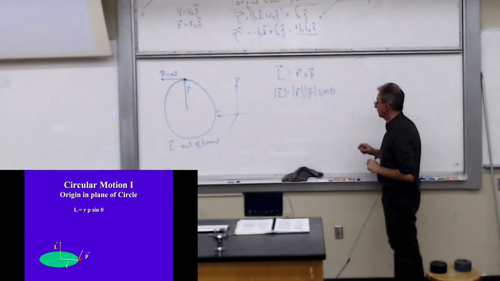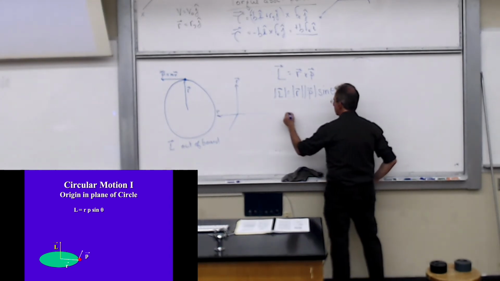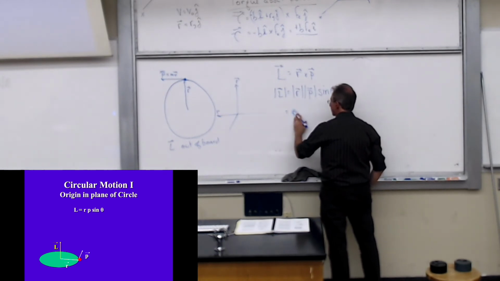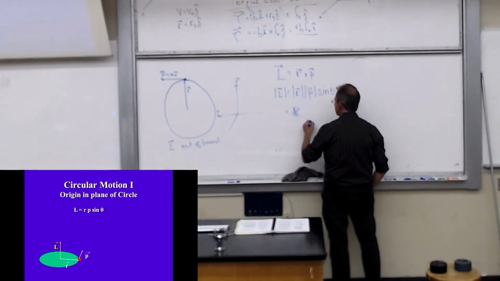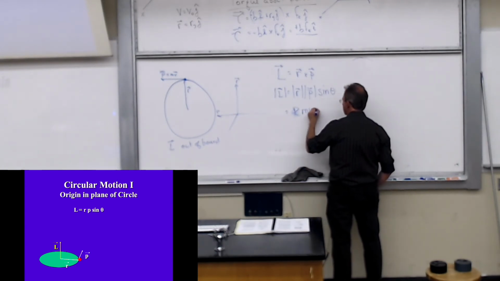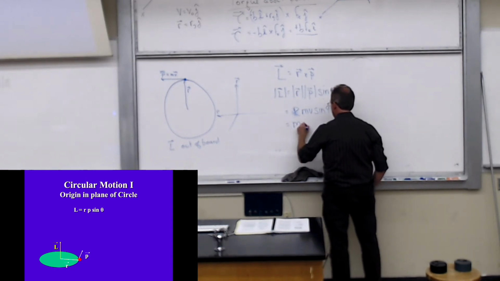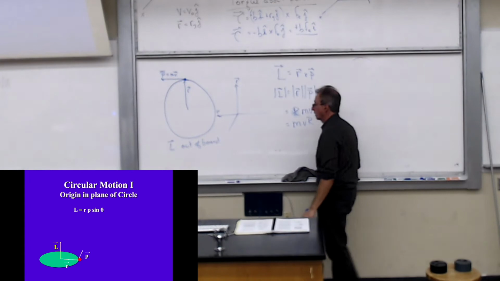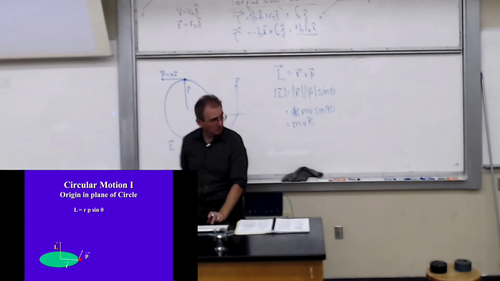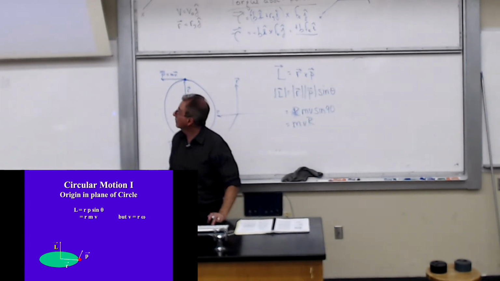What's the angle between those two vectors? 90, right? And the magnitude of the r vector is just the radius of the circle. P is mv. And that's the magnitude of the angular momentum vector.